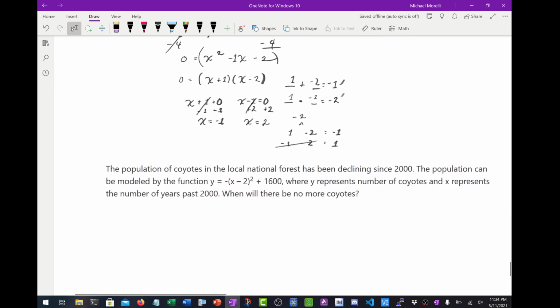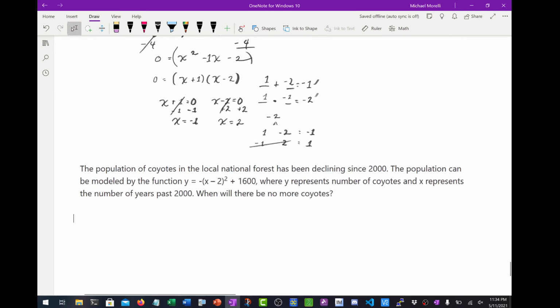Okay, it says here the population of coyotes has been falling since 2000. The population can be modeled by this function, where y represents the number of coyotes and x represents the number of years past 2000. When will there be no more coyotes?